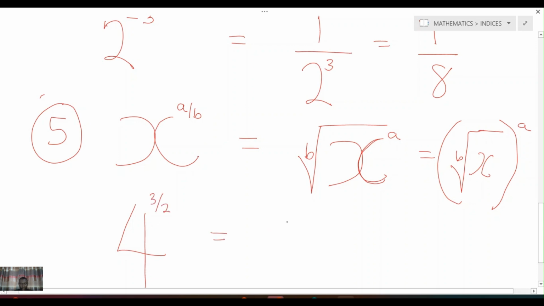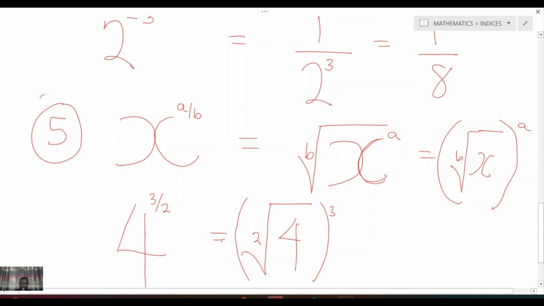This will be the square root of 4 raised to power 3.